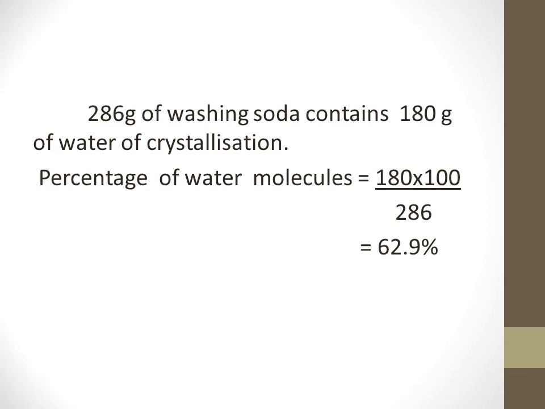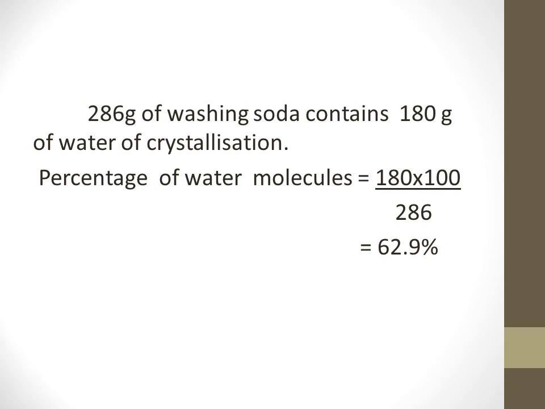We have 10 molecules of water. Therefore, 10 into 18 is equal to 180. So the total mass of 10 molecules of water is equal to 180. This 180 grams of water is present in 286 grams of washing soda.